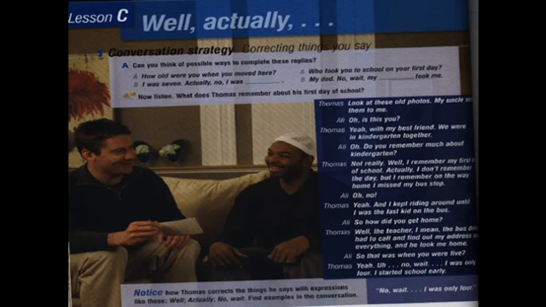You can use I mean to correct yourself when you say the wrong word or name. This is just one use of I mean.